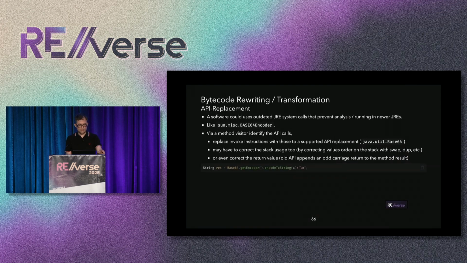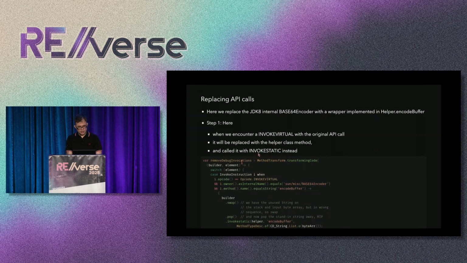Like we have seen before, we could write a bytecode transformation that uses one old API and replaces that with a new API or with a hooked API. Here we see how that works. We encounter an invokevirtual instruction.